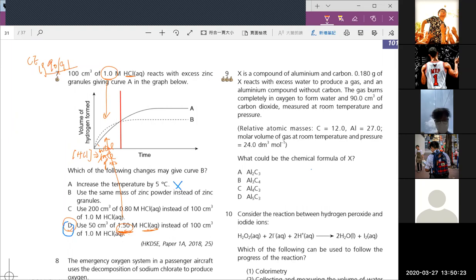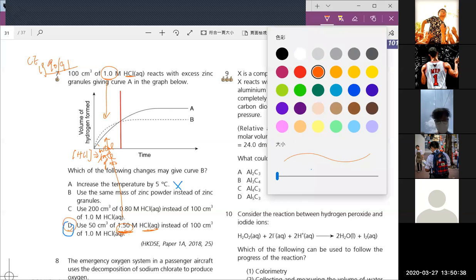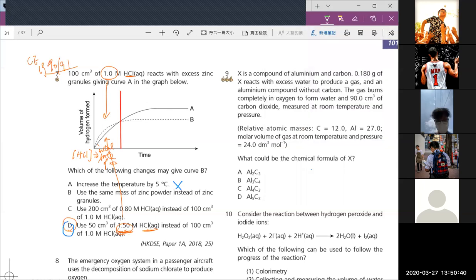Okay, and then what's the next question? First of all, it's about the second part. Second part, what is that? So you are going to calculate what?